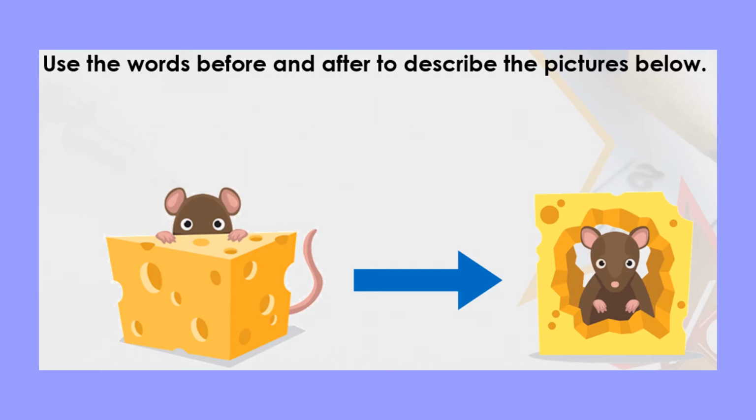Have a look at these pictures now. So we can see there's a mouse with a piece of cheese. And then if you follow the arrow, it shows that same mouse with that same piece of cheese a bit later on. So can we use the words before and after to describe the pictures below?